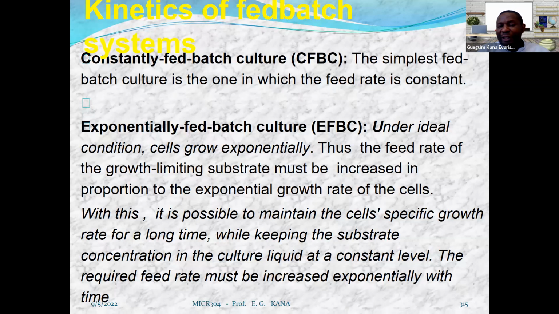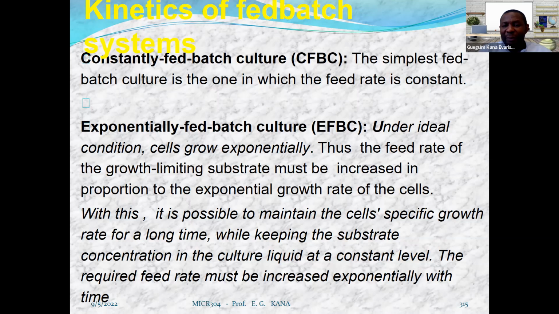Cells, by definition, grow exponentially. That implies that in order to maintain a constant D, a constant mu, your reactor needs to be fed exponentially. I repeat, by definition, we said at the pseudo-steady state, the dilution rate reduces, right?